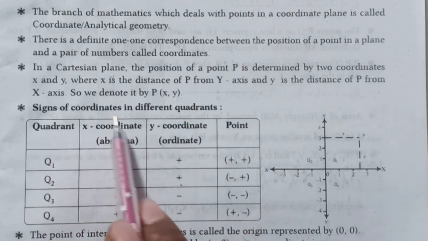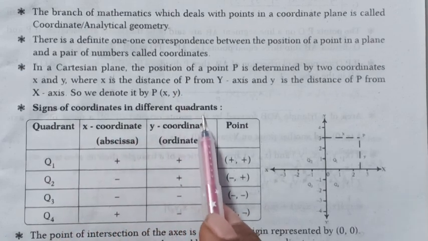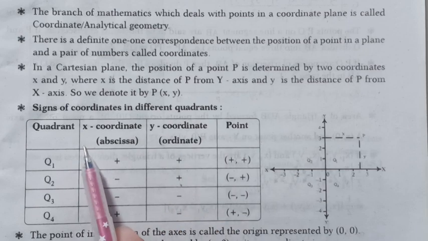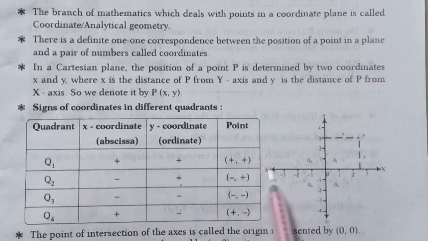Now, the signs of the coordinates in different quadrants. We can divide the plane into four parts by the x-axis and y-axis.